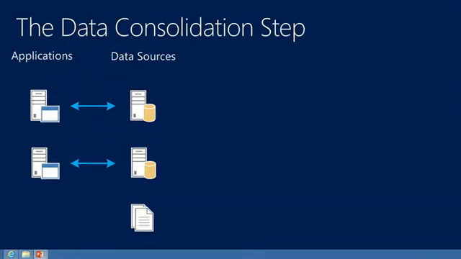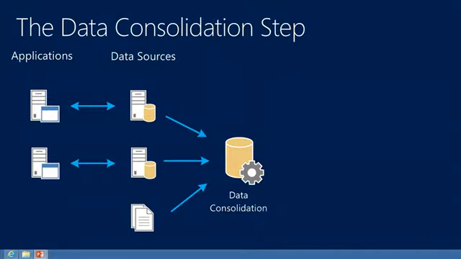So we add the data consolidation step, and now we're not just concerned with having databases in our open data platform. We can start pulling from flat files, we can start pulling from ODBC sources, and do other things.